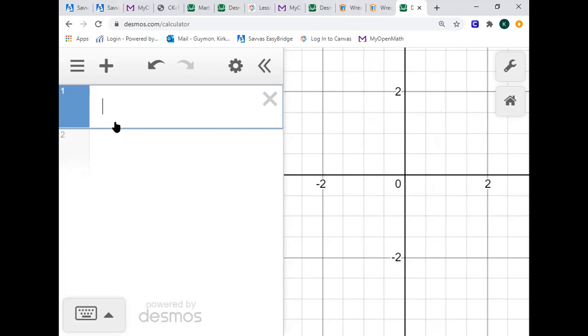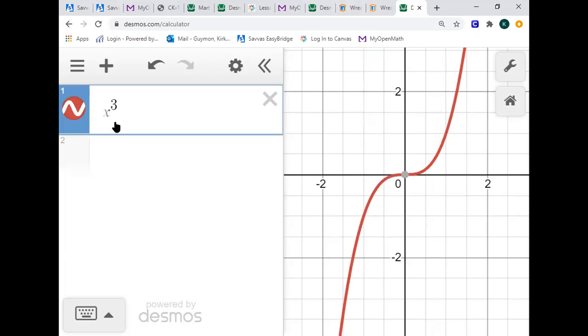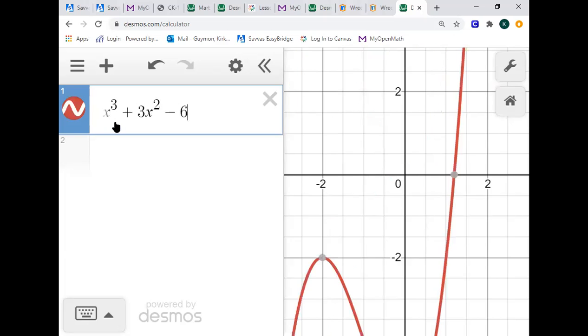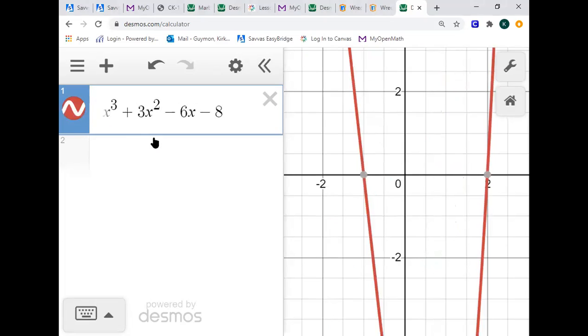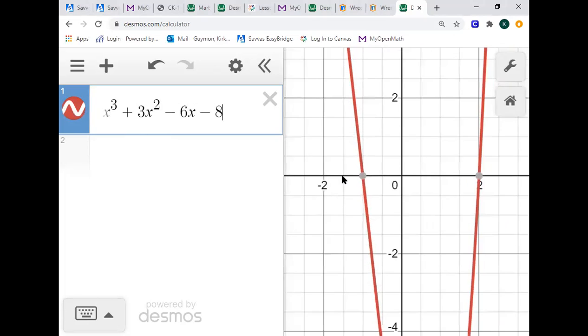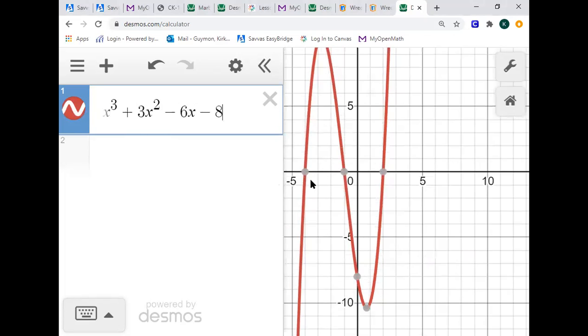And put the new one in: x cubed plus 3x squared minus 6x minus 8. Is that what I wanted? x cubed plus 3x squared minus 6x minus 8. And zoom out a little bit so we can see all three of these.